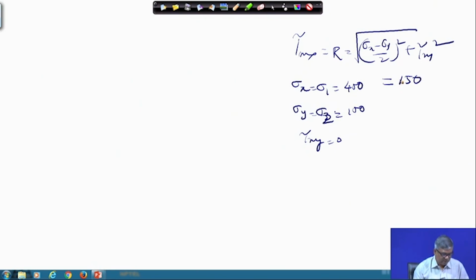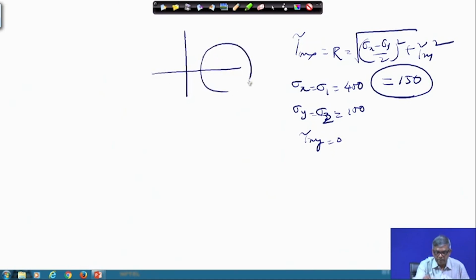So, that means the maximum shear stress is 150, and now we have to find out the orientation. The maximum in-plane shear stress is oriented at 2 theta equal to 90 degrees from the major principal stress, because if your circle is here, this is the major principal stress and this is shear stress.